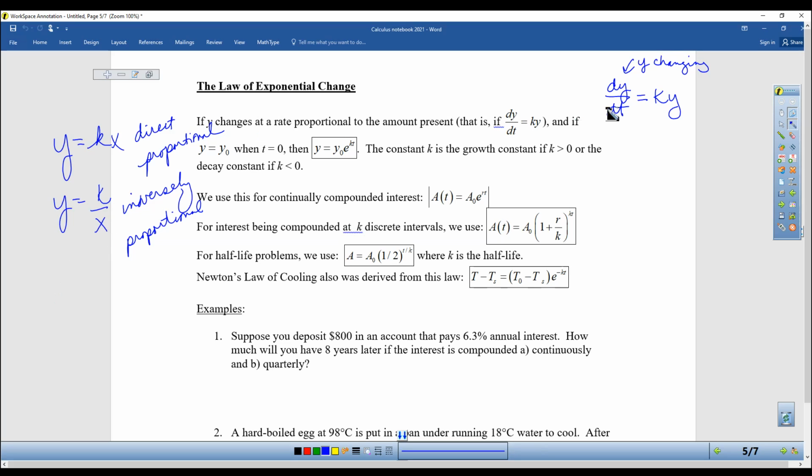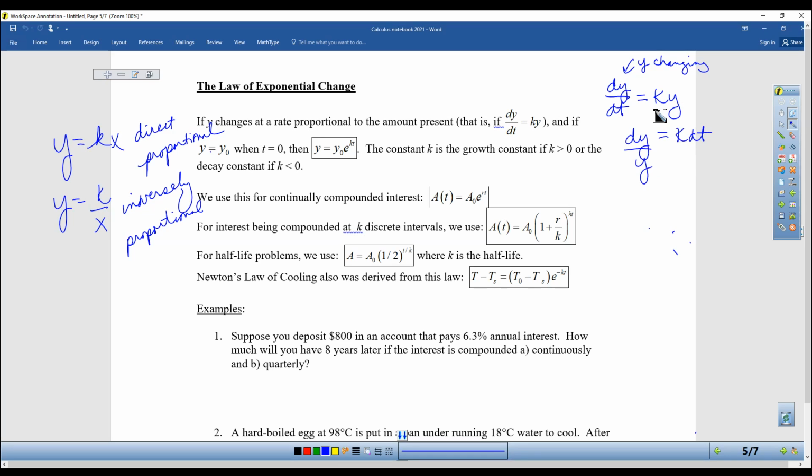But if something changes at a rate proportional to the amount originally present, and if we call the amount originally present y0 at the start of time, then this is the formula. So I'm going to show you how you can do that using separation of variables. So dy, I'm going to multiply both sides by dt, and I'm going to divide by y, just like we've been doing.